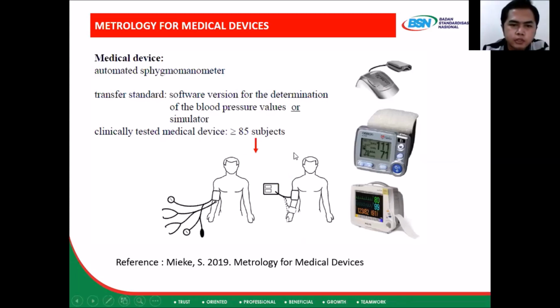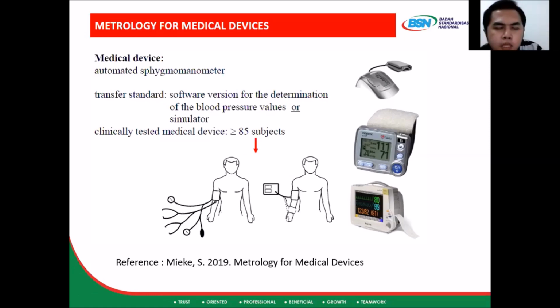And the figures below show how the clinical test is performed by using the double stethoscope. This is the reference method using the auscultatory method, by using two well-trained observers.